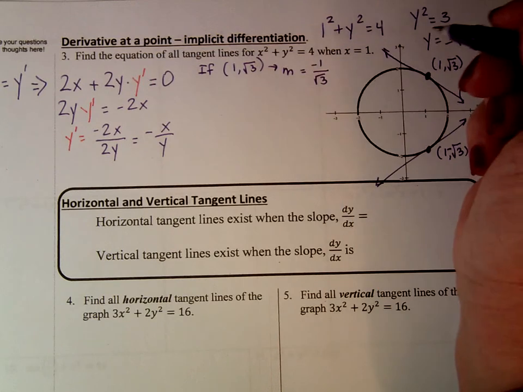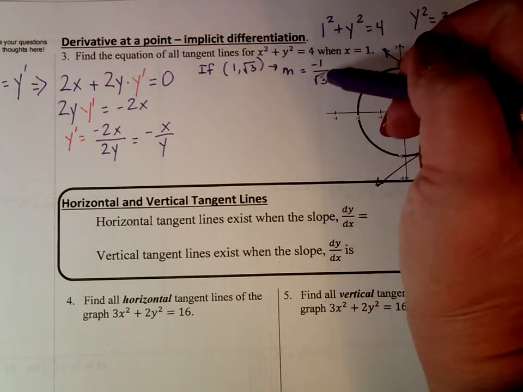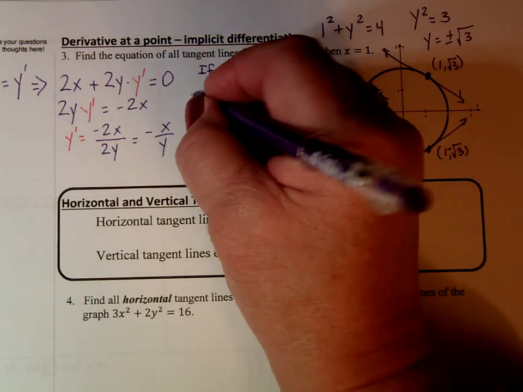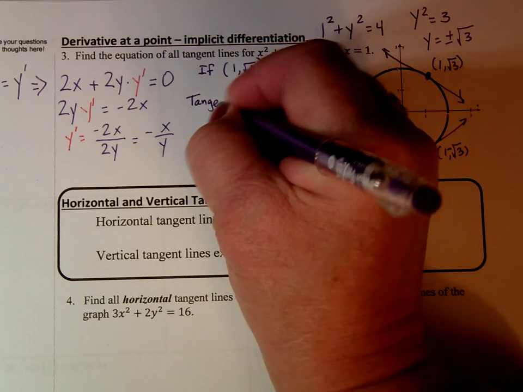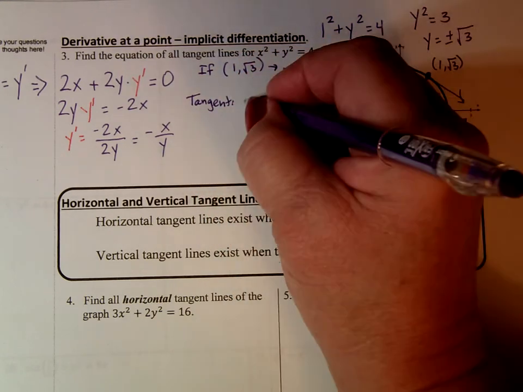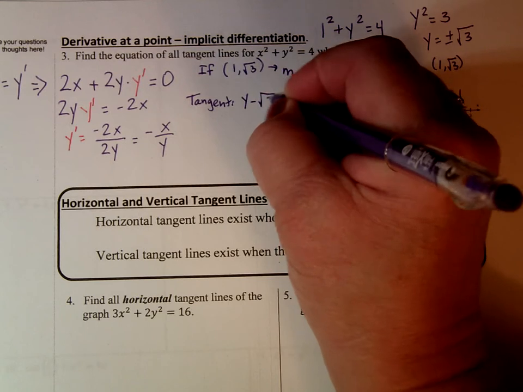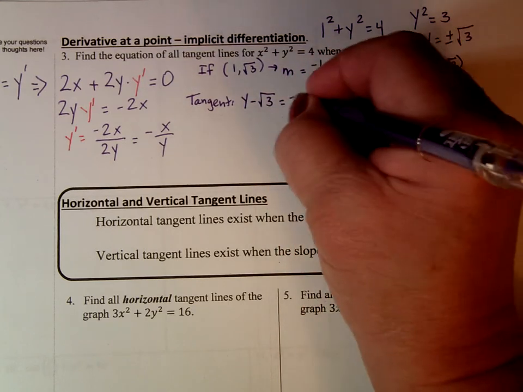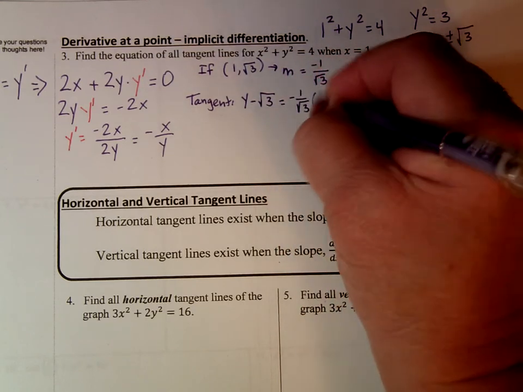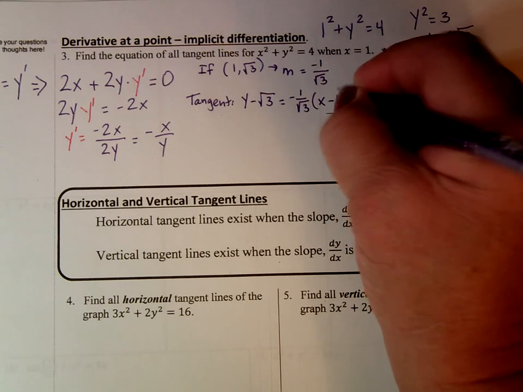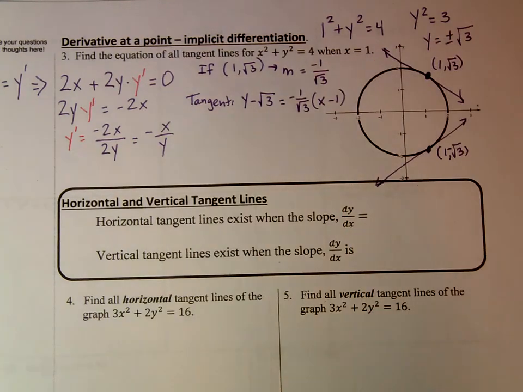So I have my point and I have my slope, and I can put my tangent together. So y minus the square root of 3 equals negative 1 over the square root of 3 times x minus 1. There's one of my answers.